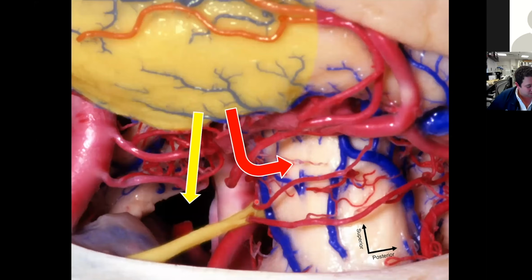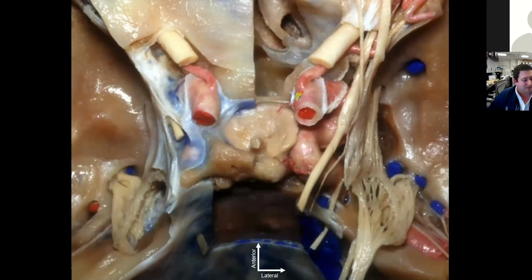And again, here's the origin of the third nerve, going straight on top of the posterior clinoid. This is the free edge of the tentorium wrapping around, so we'd expect to see the fourth nerve running with this. And this is coming over the posterior clinoid and exiting the dura. So a couple of clinical correlations here. One is uncal herniation. The other is the middle meningeal artery, the most common site of epidural hematomas.